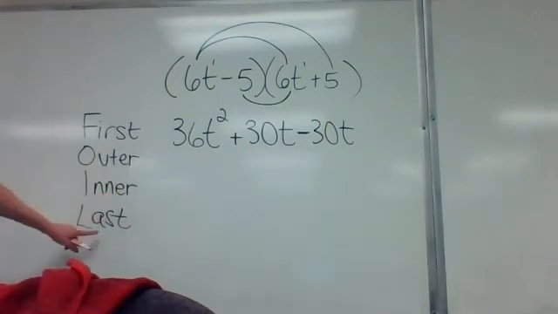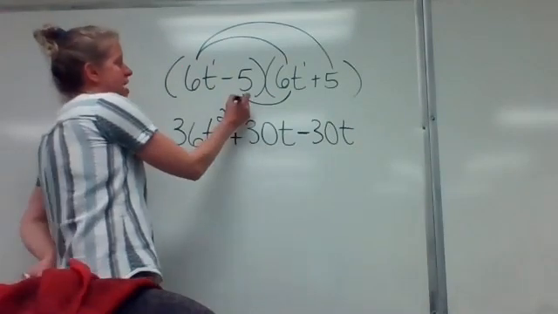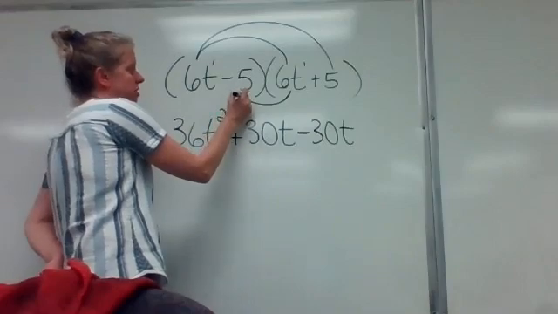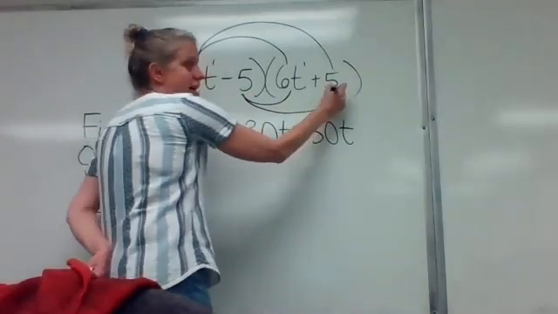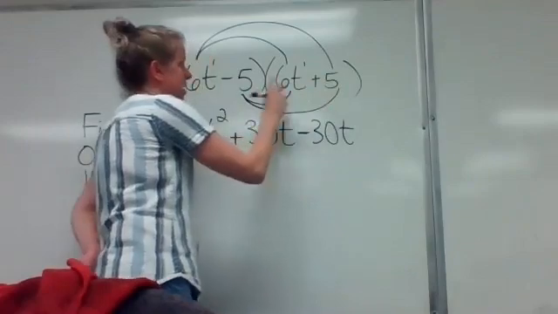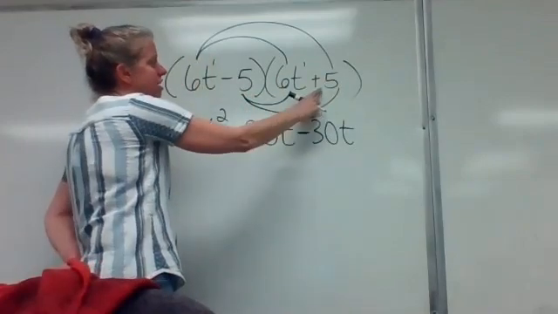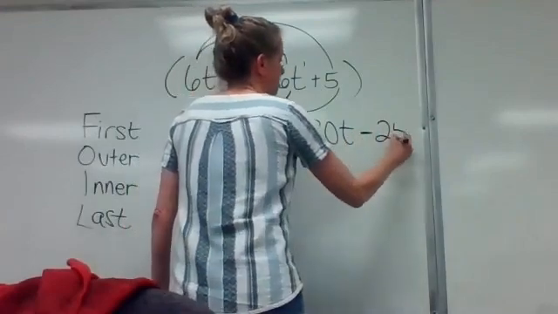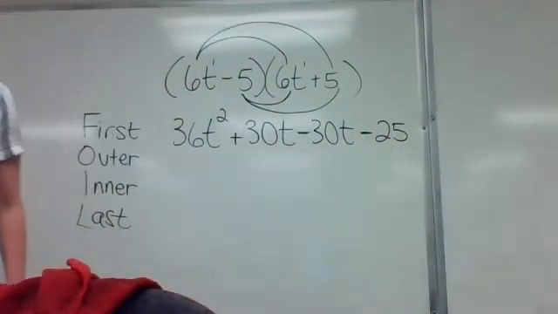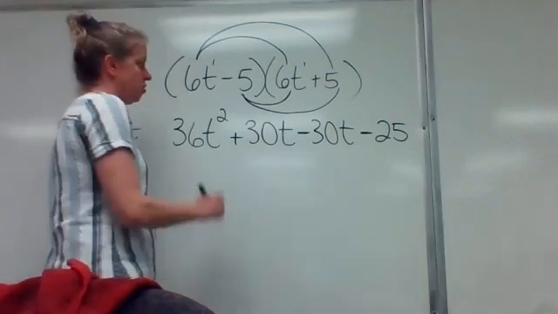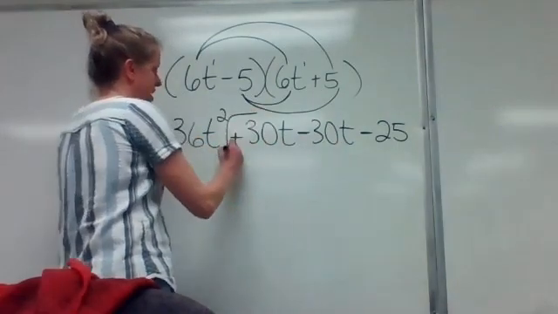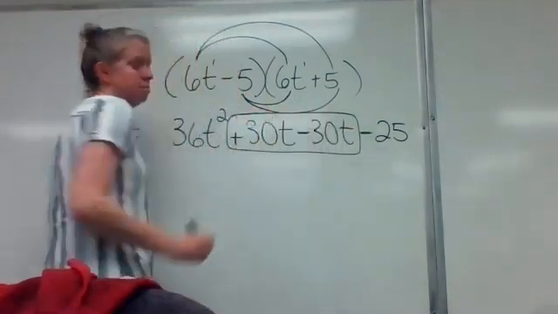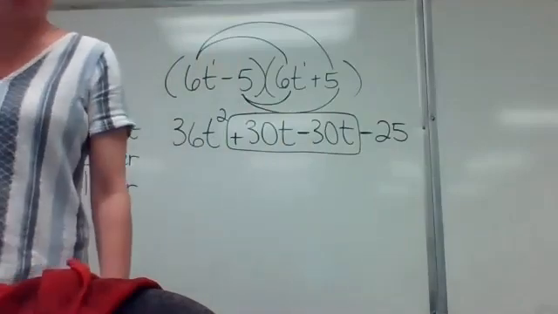So I've done first, outer, inner. Now I'm going to do my last. And what does that mean? It means the last term of this parenthesis times the last term in this parenthesis. So let's see, I've got a negative 5 times a positive 5, which gives me negative 25. So, like I said, a lot of times after you FOIL, the middle two terms will be like terms.